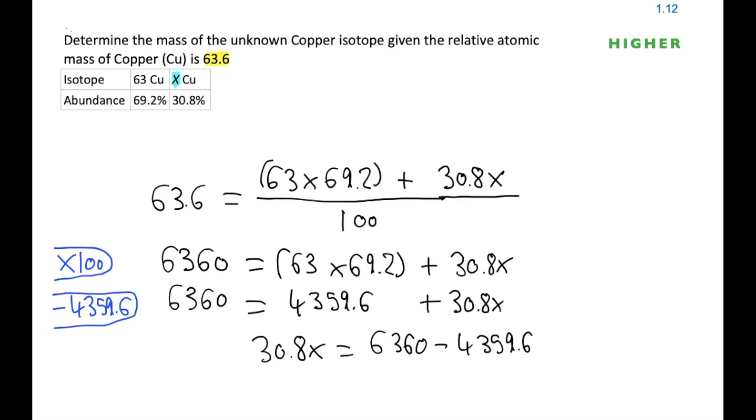And the final step to this is dividing both sides of the equation by 30.8. That gives us x on its own.